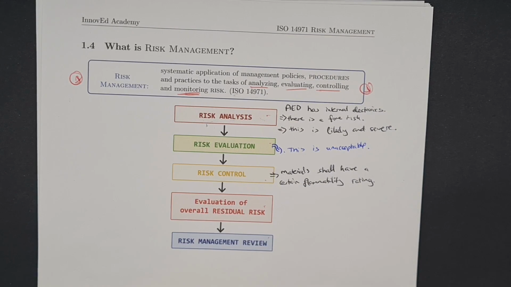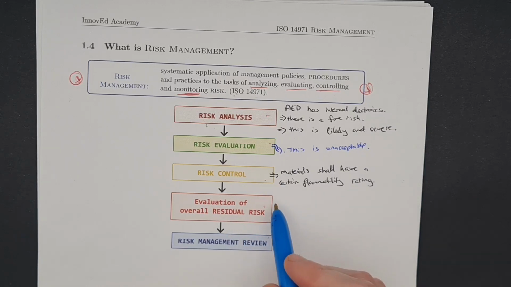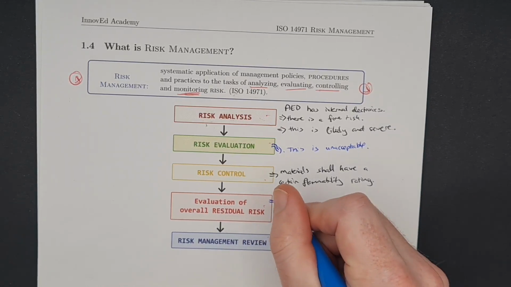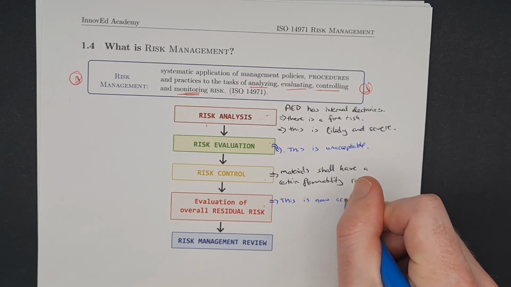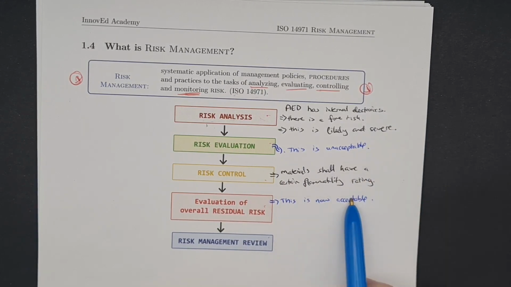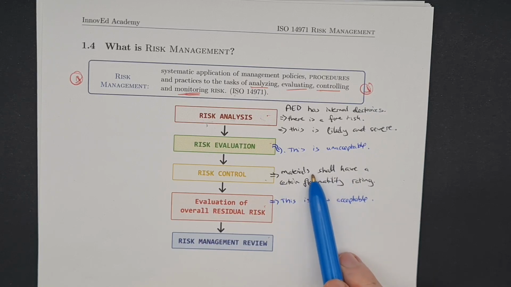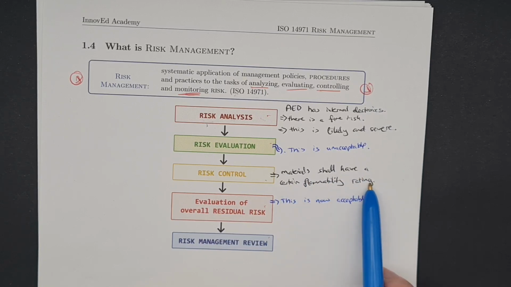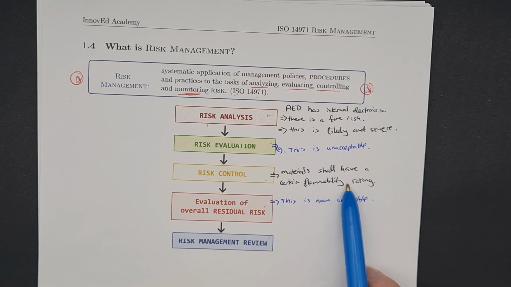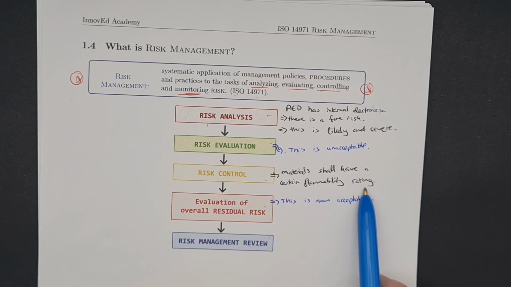The next piece of this puzzle is we want to evaluate the overall risk. So we ask the question again, is this acceptable? And here we'll say this is now acceptable, mainly because if you design the materials to have a certain flammability rating and you go down the path of it shall comply with IEC 60601, you can say that you're meeting a consensus standard, and it's basically assumed that this risk is now acceptable.